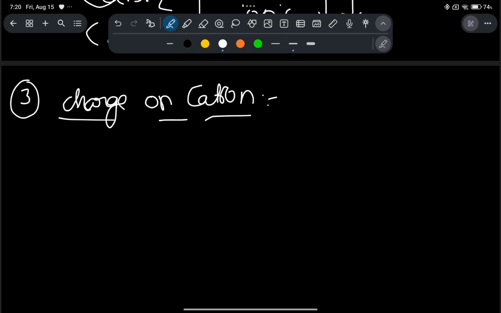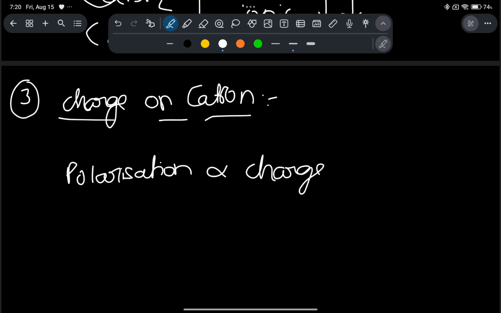Plus charge means loss of electrons. The fewer electrons lost, the more stable. So polarization is directly proportional to the charge on the cation.